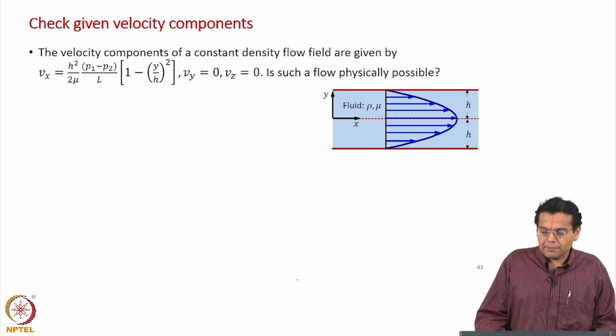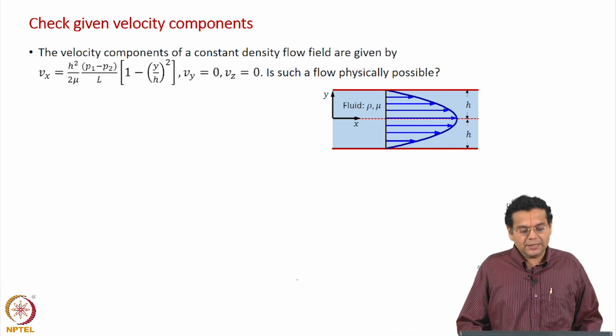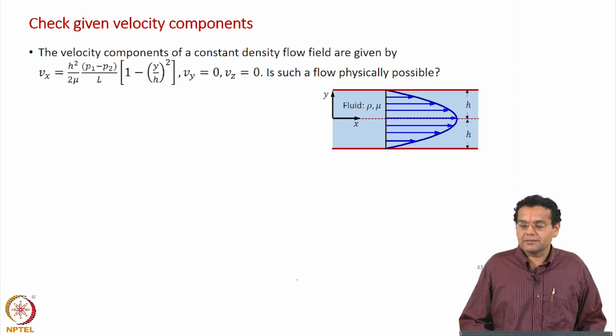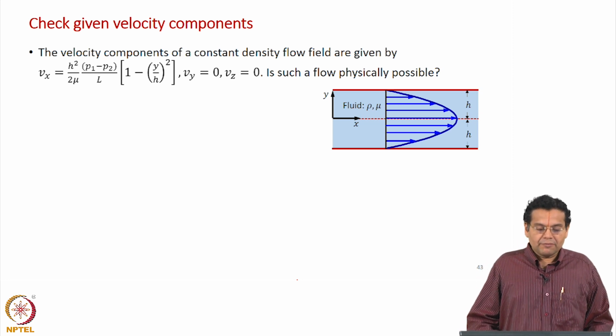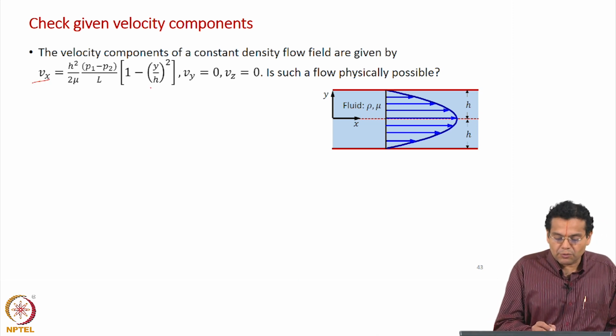The first application has a geometry well known to us: flow between two parallel plates. The velocity components of a constant density flow field, which implies an incompressible flow, are given. We are given the x component of velocity, and that depends on the y direction.